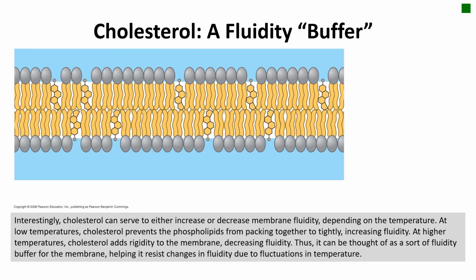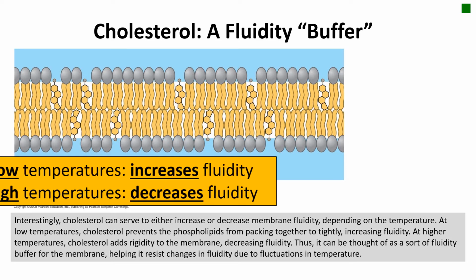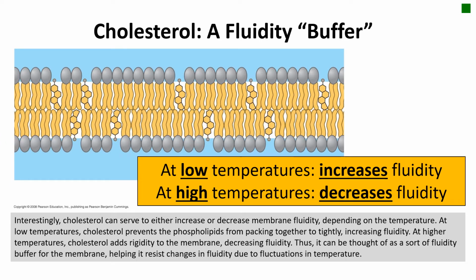At low temperatures, cholesterol prevents the phospholipids from packing together too tightly, increasing fluidity. At higher temperatures, cholesterol adds rigidity to the membrane, decreasing fluidity. Thus, it can be thought of as a sort of fluidity buffer for the membrane, helping it resist changes in fluidity due to fluctuations in temperature.